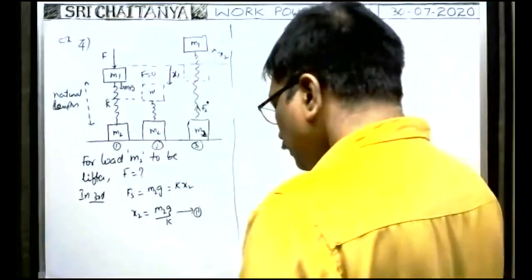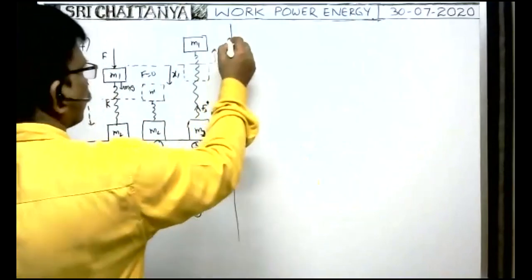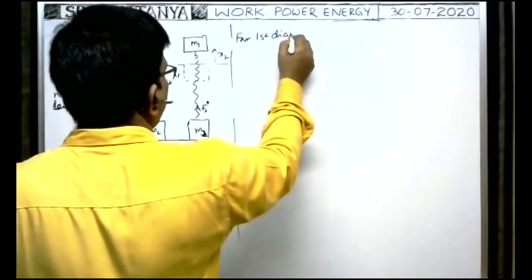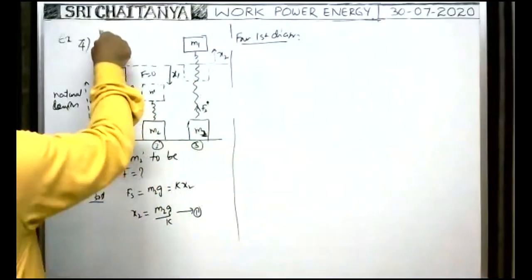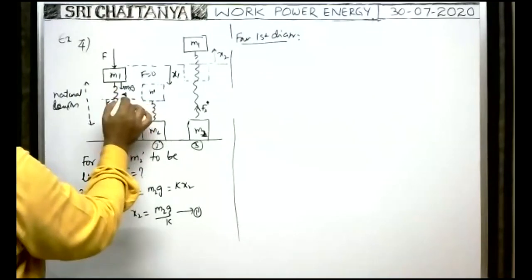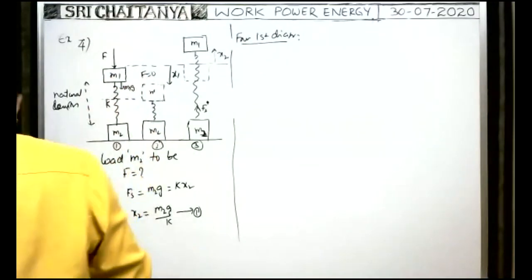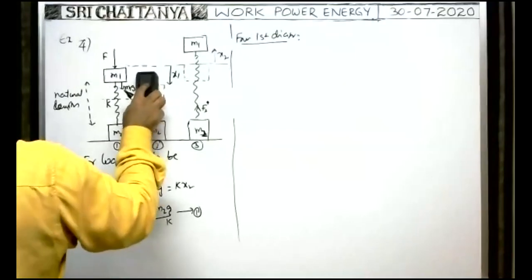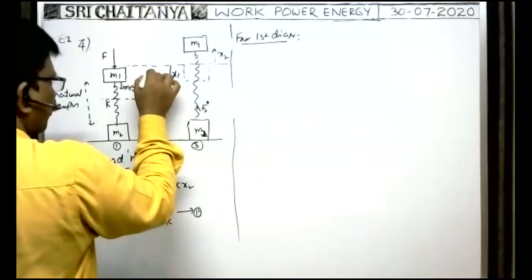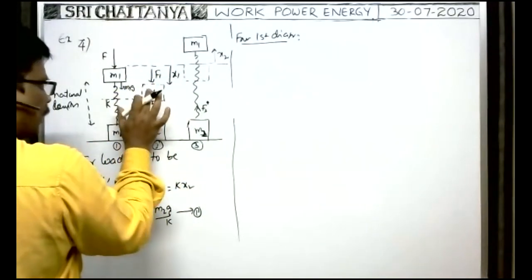In the first diagram, whenever the block is pushed by applied force F, the block comes to this position and is under equilibrium. When you push M1 downwards with force, the block comes to this position and is under equilibrium.